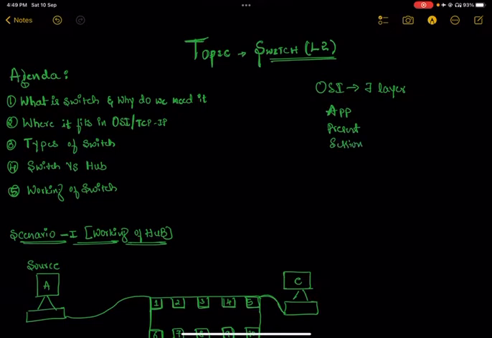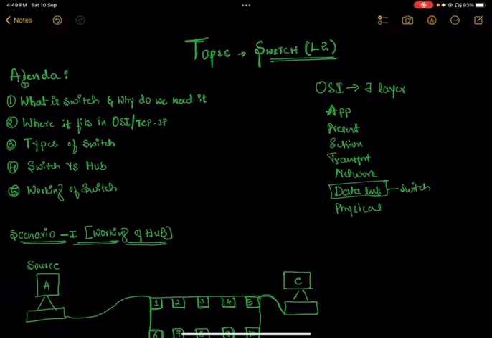And then we have transport, and then the network layer, and then here comes our data link, and then we have physical, right? So this is our OSI model. Now we are mainly discussing the data link layer, right? This is where our switch fits, right?